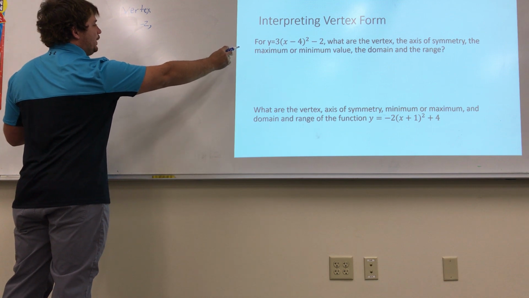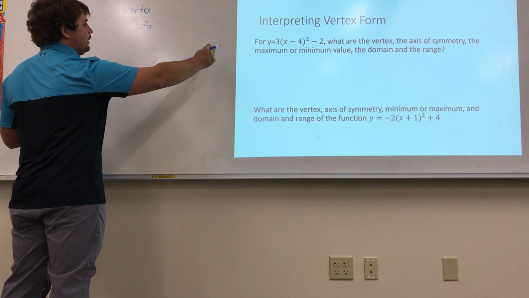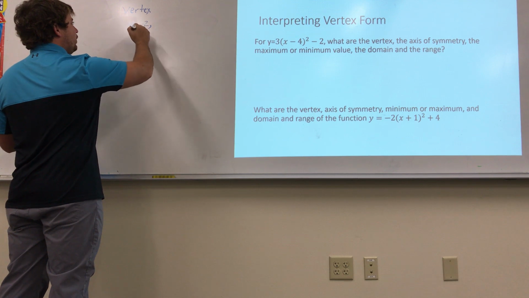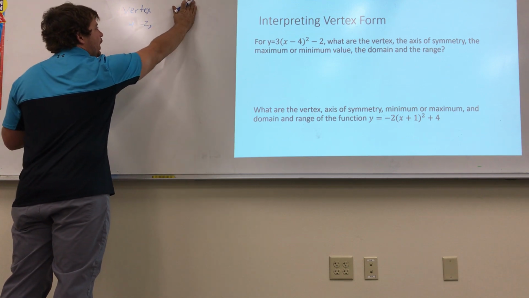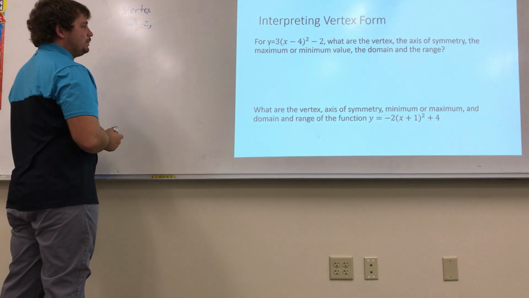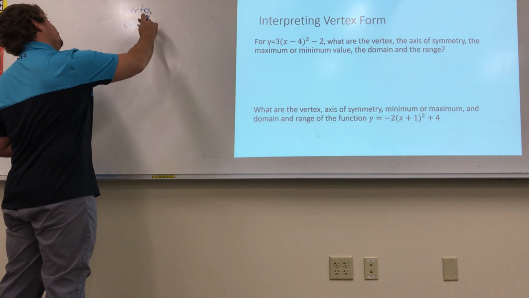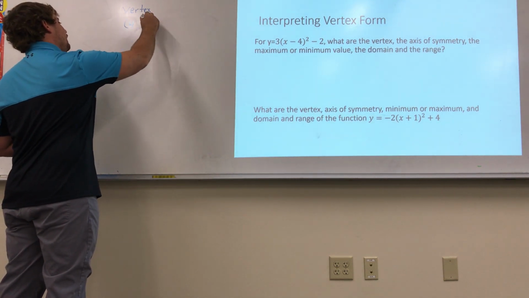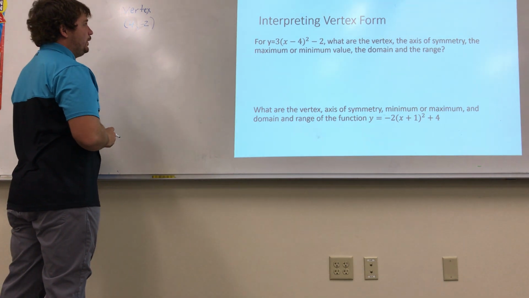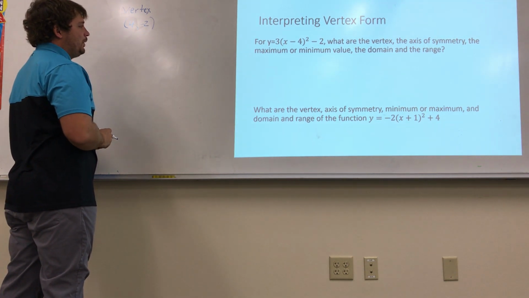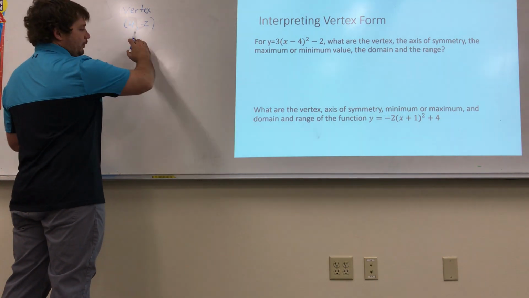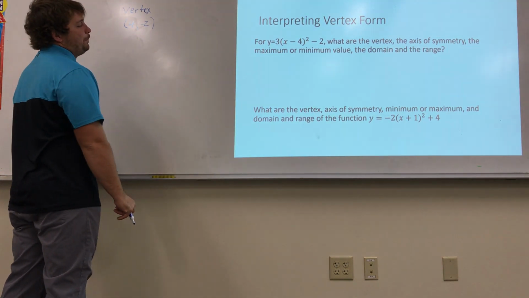This is a minus, so it's going to go to the right, which means it'll be a positive 4, because if I put in a 4 here, I'm going to add it. Okay? So that is my vertex. If it is inside there and it is a negative number, you go to the right 4. So I have to go to the right 4, which means it's going to be a positive 4.